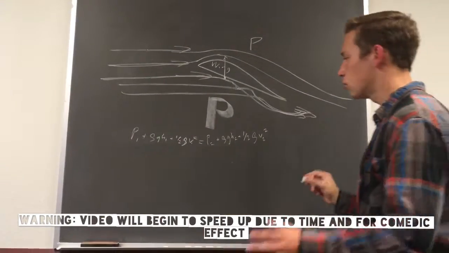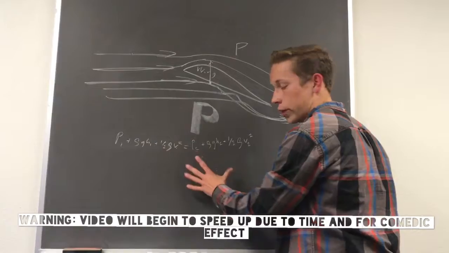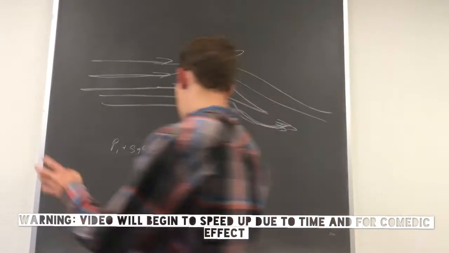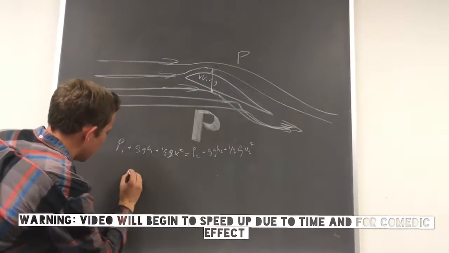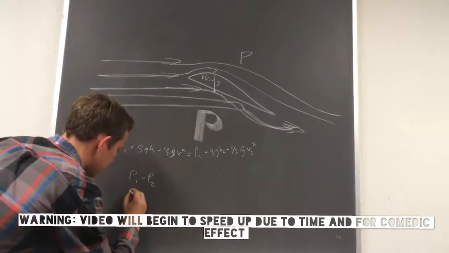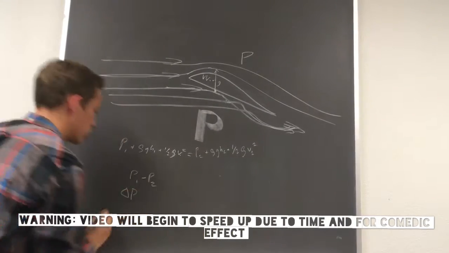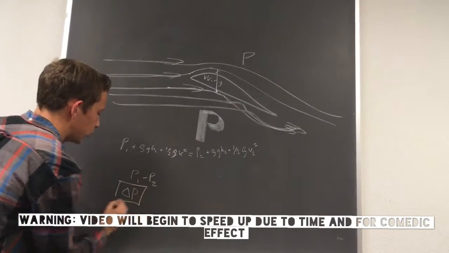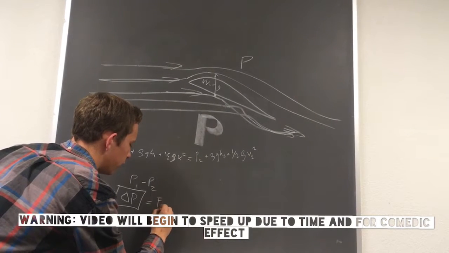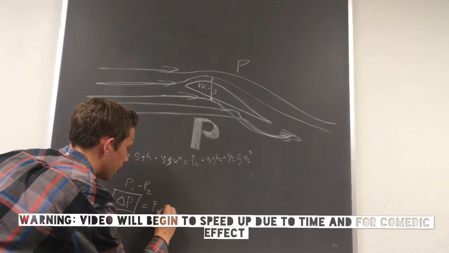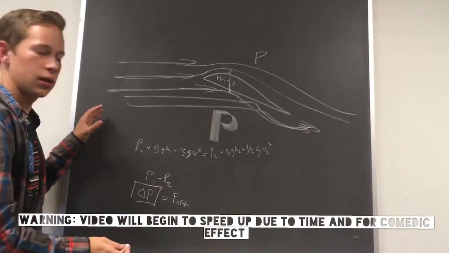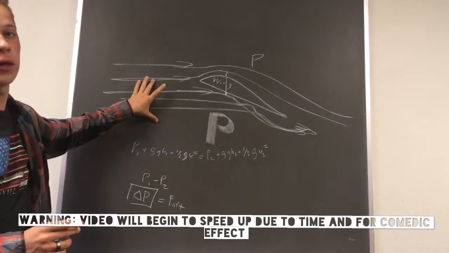To find how much lift this generates, like the wing itself, all you have to do is get P1 minus P2. So basically, change in pressure. Once you find the change in pressure, that is equal to the force of lift. So that's how Bernoulli's equation is related to the wing.